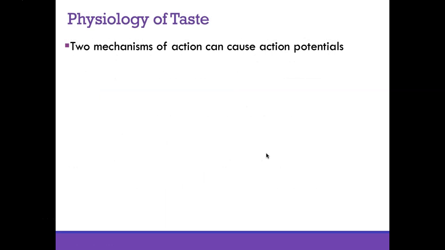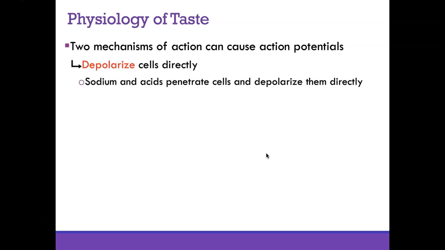And just like in olfactory cells, these chemical molecules are sending action potentials. So we have to think about it: how do we transduce chemical energy, or chemicals, into an action potential? You can either depolarize the cell directly.